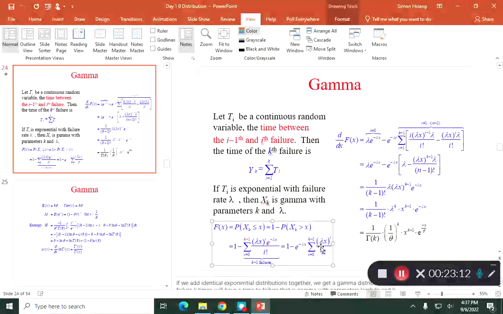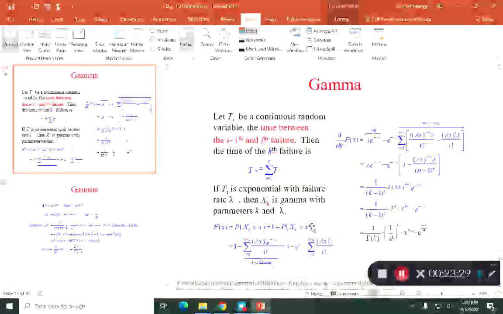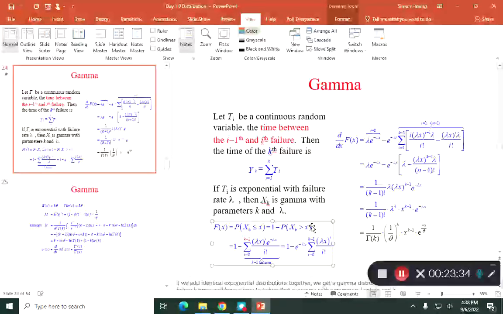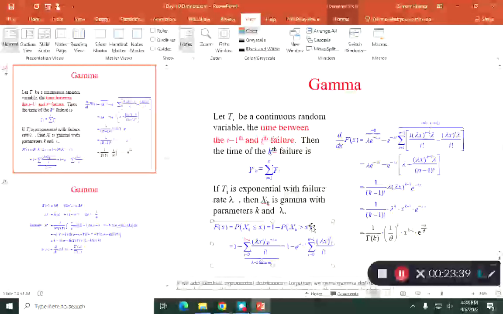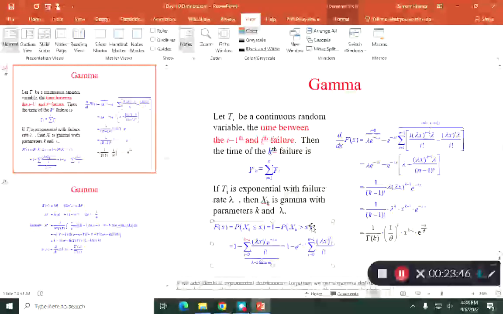So the comparison of k failures means what? If I say 1 minus the last failure at certain time, xk, happened in 10 hours, in 100 hours. Listen to me. If I only care about the fourth failure happening after 100, how many failures are there between 0 and 99.99999 before the last failure? 3, right?